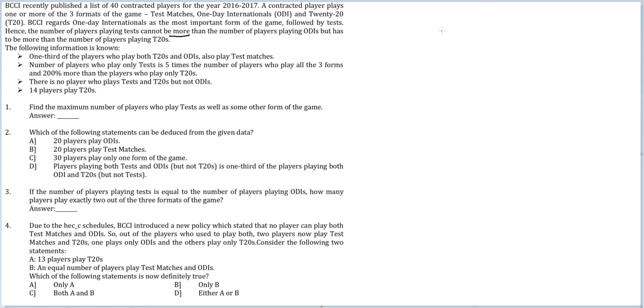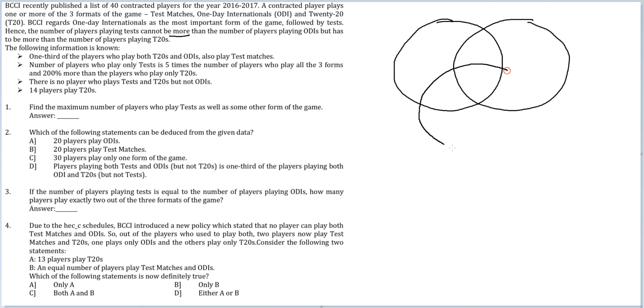Let me draw a Venn diagram to represent these different game formats. So we have tests, we have ODI, and we have T20. 1/3 of the players who play both T20s and ODIs also play tests.